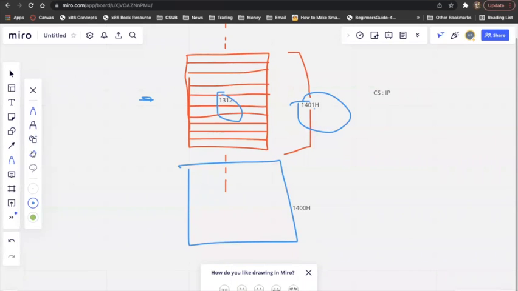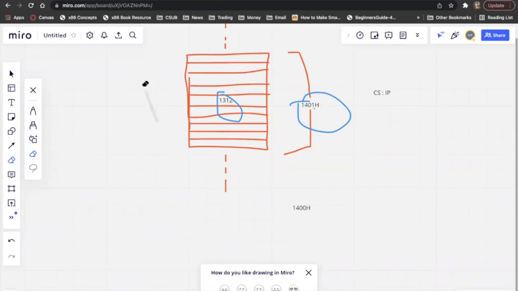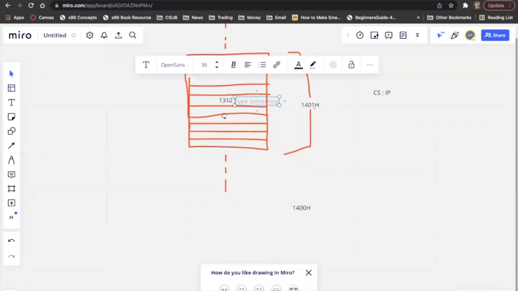Let me erase everything else. So we know what we are dealing with. Okay, and this address is actually 1332. I messed up. There you go.